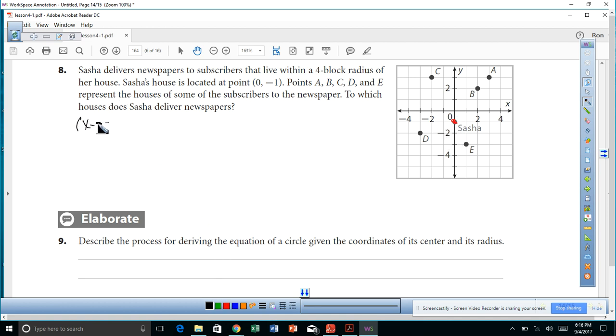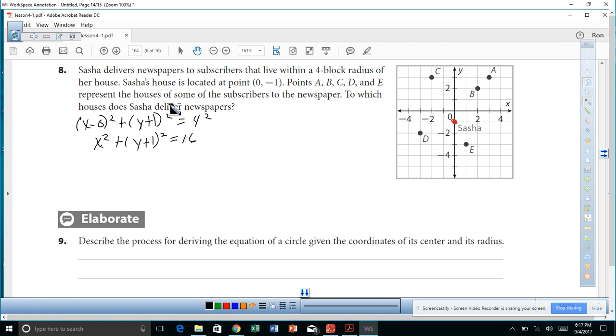So you got x minus 0 squared plus y minus -1, or +1, squared equals 4 squared. All right, so that's going to give us x squared plus y plus 1 squared equals 16.